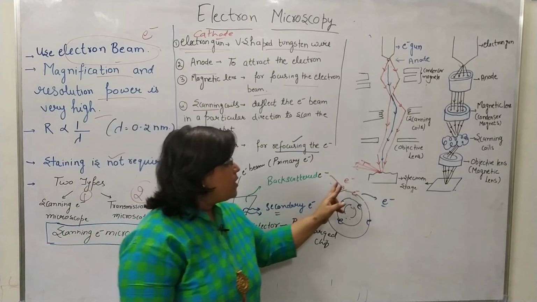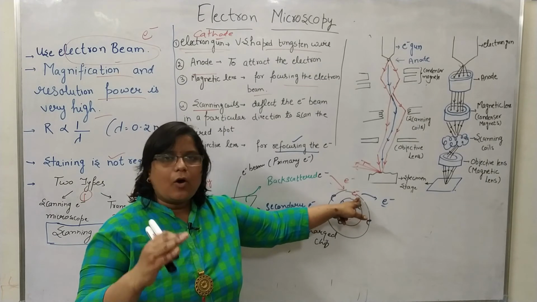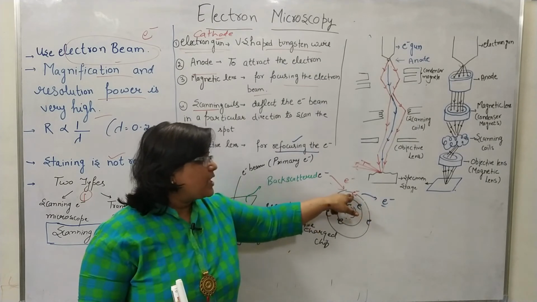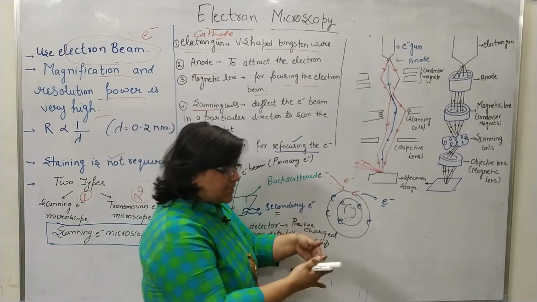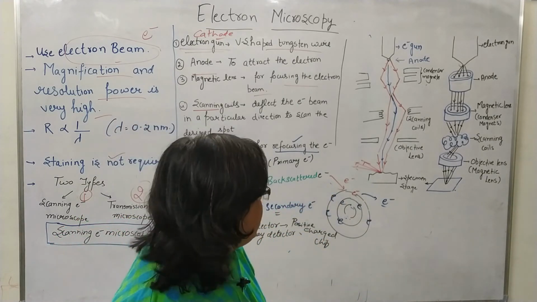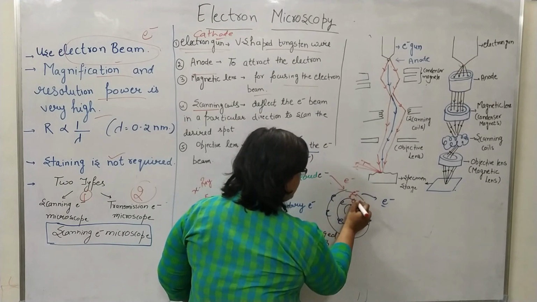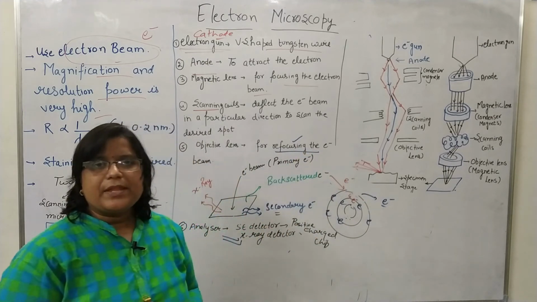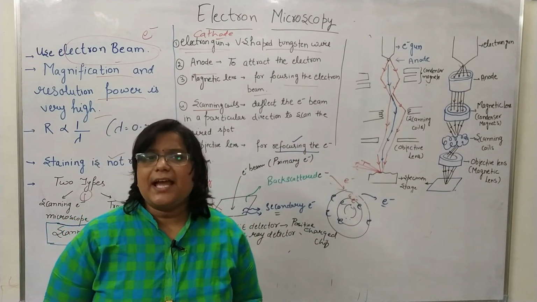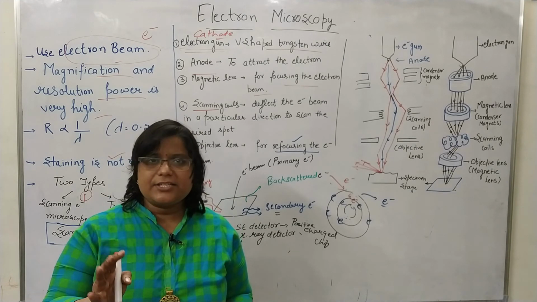Now when this primary electron shifts into the place of another electron, this electron wants stability, so it wants to move to the lower shell. When this electron moves to the lower shell, it loses its energy because the lower shell has less energy.